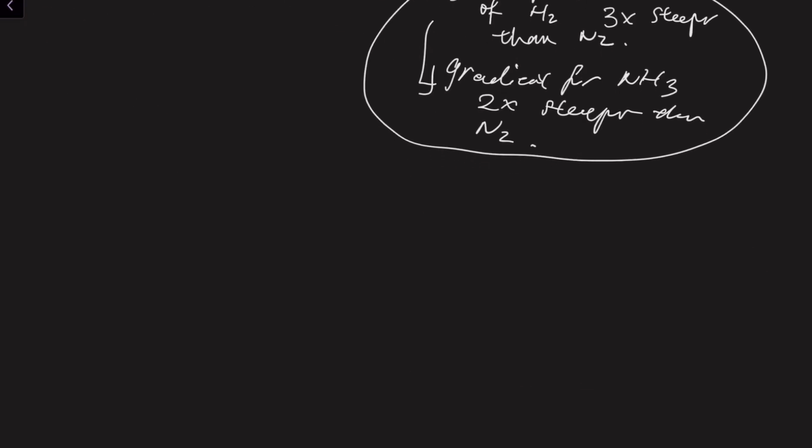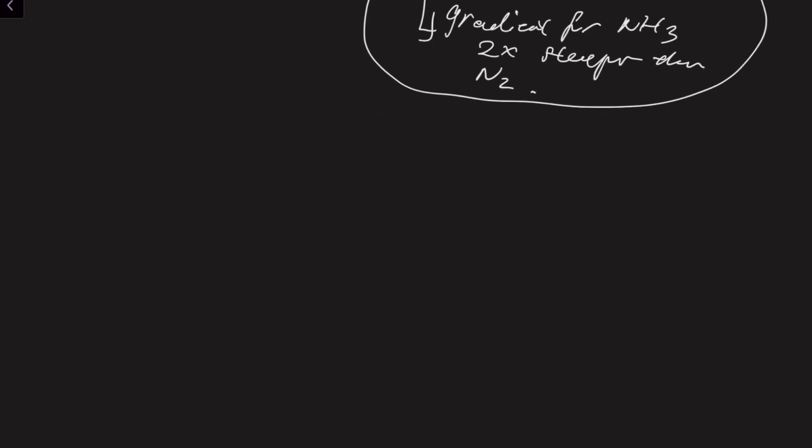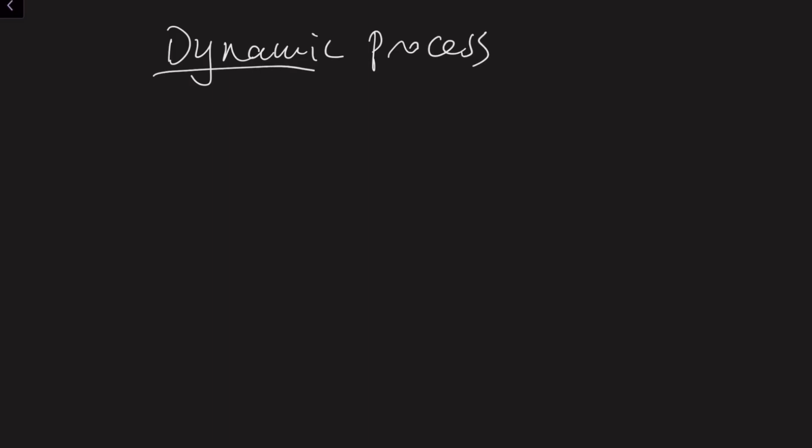And we need to really understand the concept of equilibrium. So I want to emphasize this again. This is a dynamic process. Even if we have reached equilibrium, this doesn't mean our reaction has stopped. It only indicates that the rate of forward reaction is equal to the rate of reverse reaction.